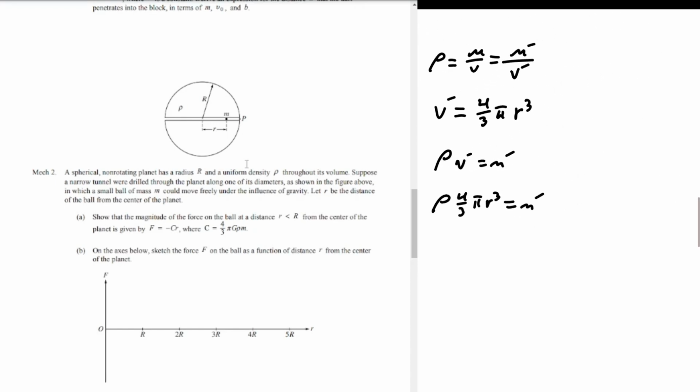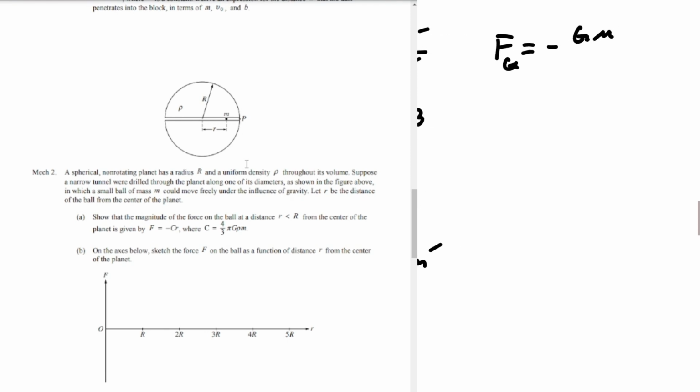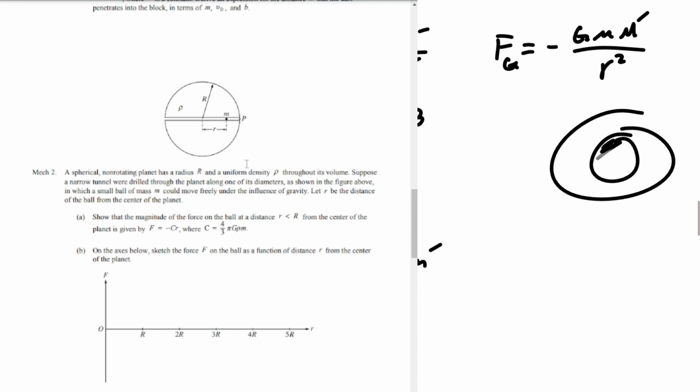So why did we find mass prime? To use it in Newton's law of gravitation. So the force of gravity is going to equal negative G m m prime over r squared, little r squared, mind you, because the mass that we care about, the center of mass of that little mass, we're going to treat it as if it's all there at a distance r, little r, right?